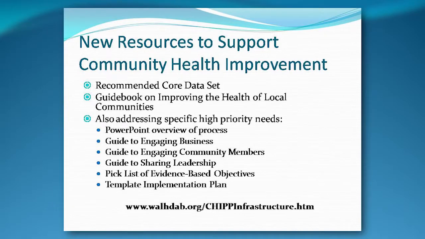So let me just mention, these are the different resources that we've created and are piloting in our 10 communities. Probably the backbone of it is the guidebook on improving the health of local communities. And it has a section for each of those steps in the improvement cycle.